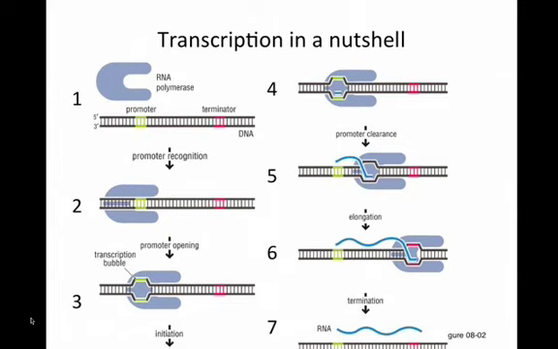And then, unlike with replication, where you have base pairing of the new DNA with the parental strand, you don't have that at all. This bubble kind of moves along and closes behind it, and the RNA comes out of RNA polymerase elsewhere. Yes? What is a nutshell?